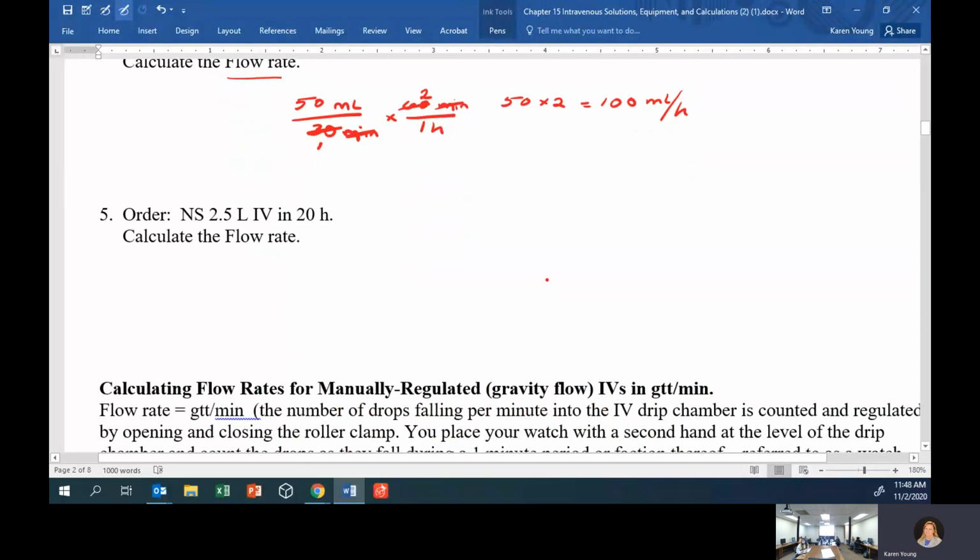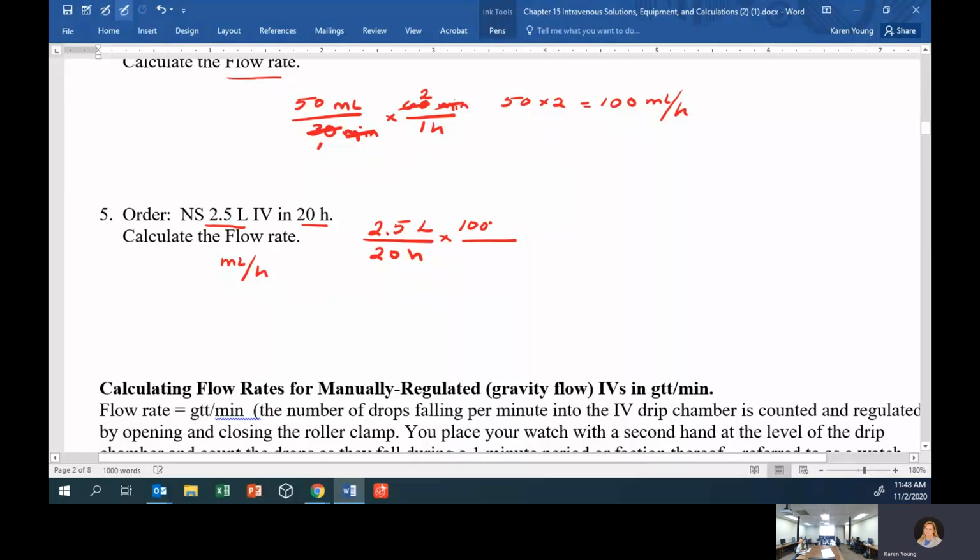Okay, let's look at number 5. I want you to do this, but I'm going to get it started for you a little bit. Your 2.5 liters, that's still my total amount. I'm going to put it over the 20 hours. But my flow rate is always in milliliters per hour, okay? So I've got to convert my liters to milliliters.